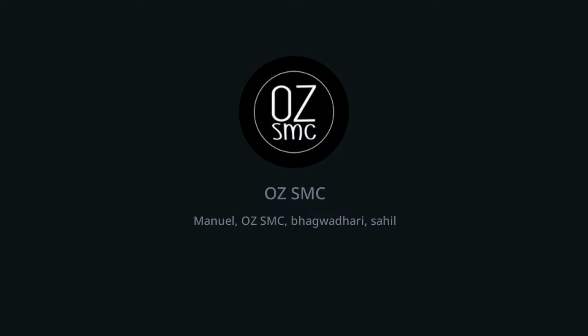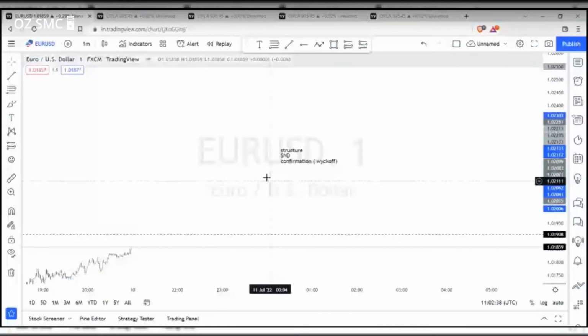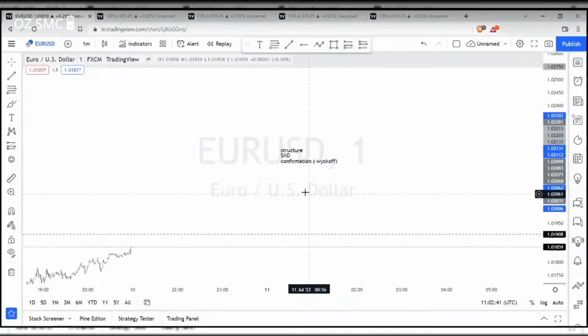The most important thing that we focus on first is the structure. The moment we understand structure, you can literally predict where the market is going. Four months ago, I predicted where DXY and Euro USD were going.